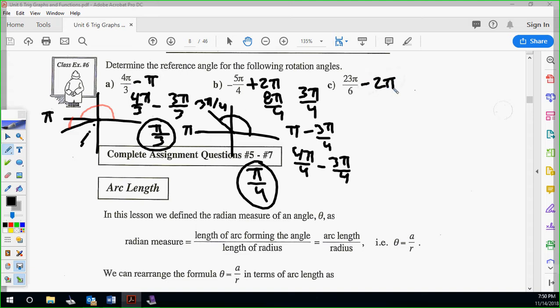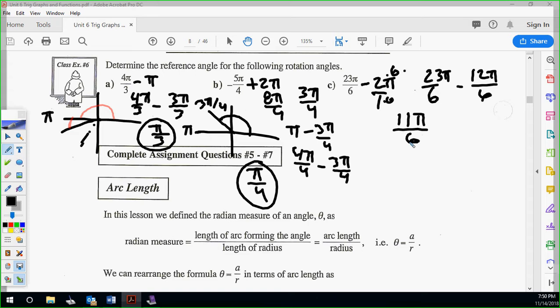If I write 2 pi in terms of 6 for a common denominator, times 6 times 6, then 23 pi over 6 minus 12 pi over 6 gives me, nope, 11. My bad. I'm glad it's 11, because now 11 pi over 6 is smaller than 2 pi. So 11 pi over 6 is the one we're going to use.